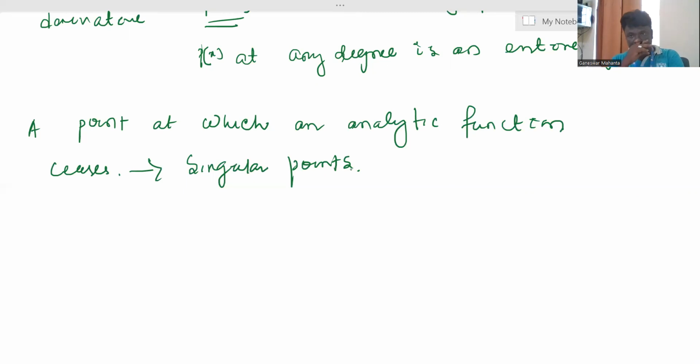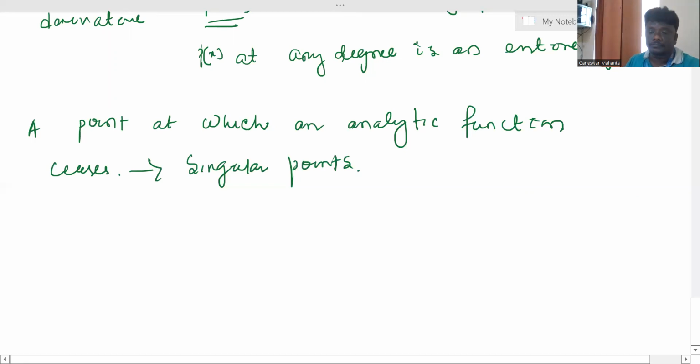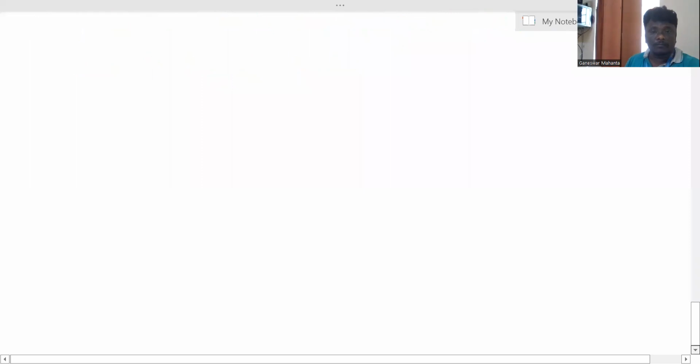For the first example, we need to show where a function is analytic and find the derivative d omega by dz, where omega is the non-analytic function. Omega is equal to f of z is equal to log z. That is the question.